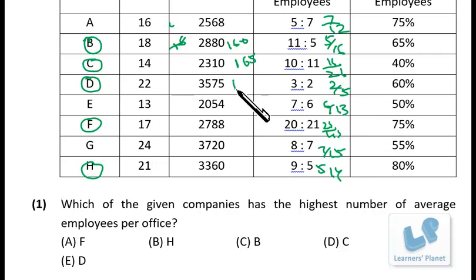Then 22, 1. So the highest is 165, so that is C.